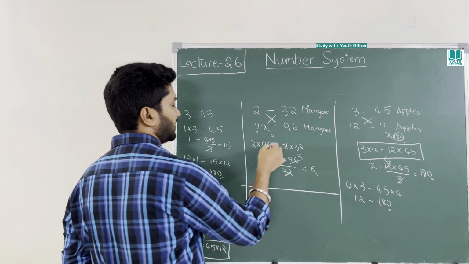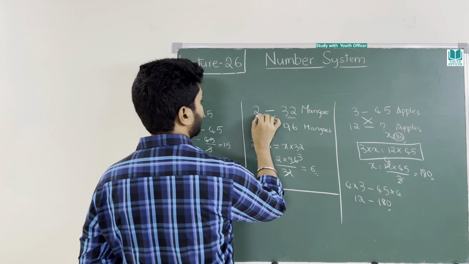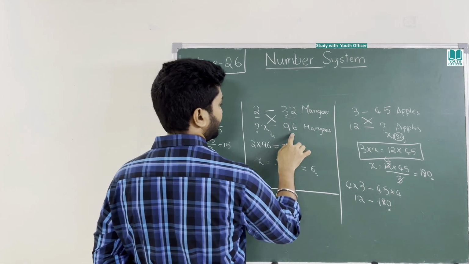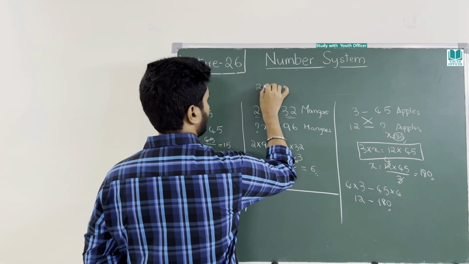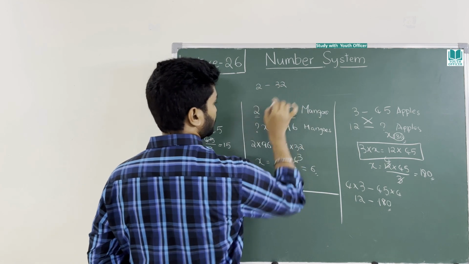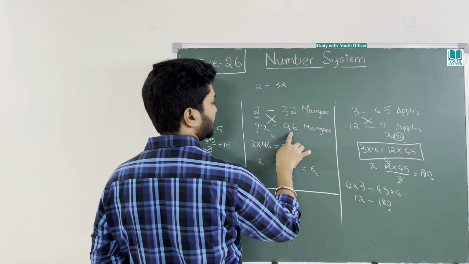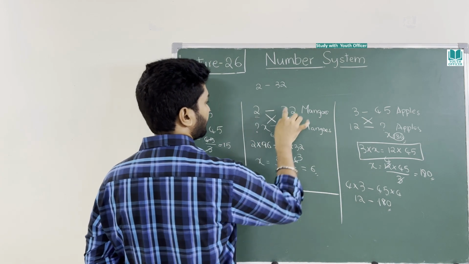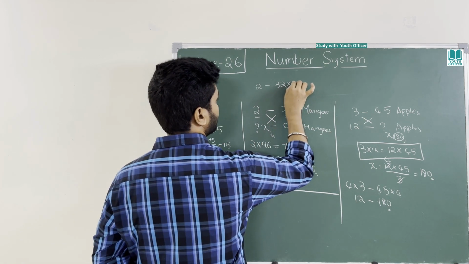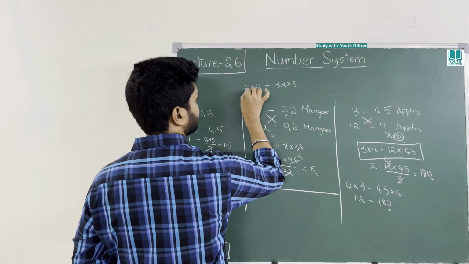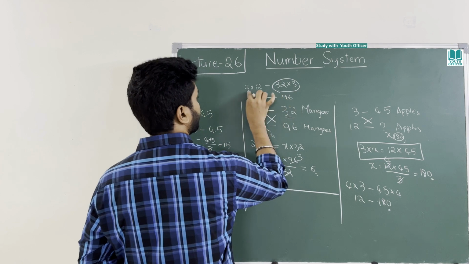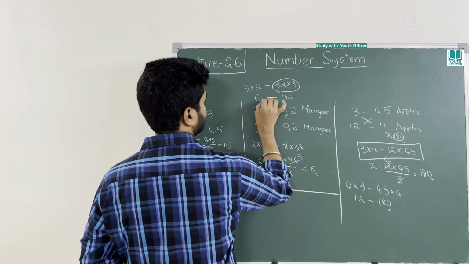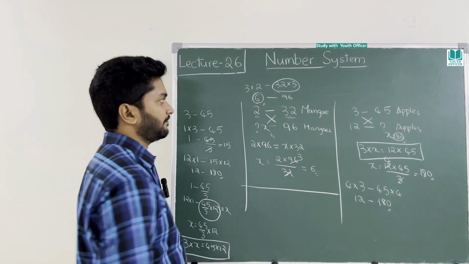Or if you take here, 32 mangoes can be eaten by 2 members. 96 you want, so you have to multiply with 3. If you want 96 mangoes, eaten by how many people? You have to multiply with 3 on both sides. 32 into 3 is 96 only, right? 3 2s are 6. 6 is the answer.